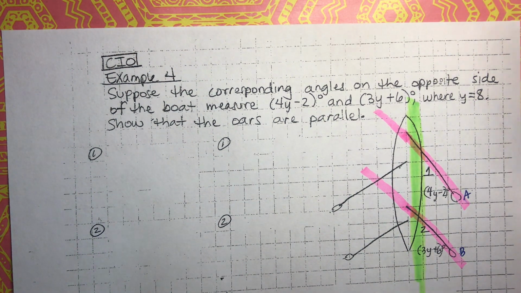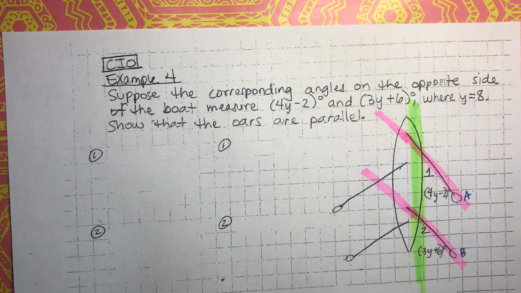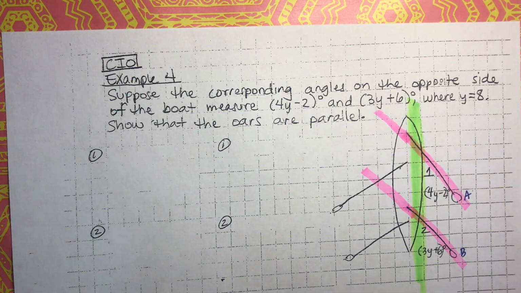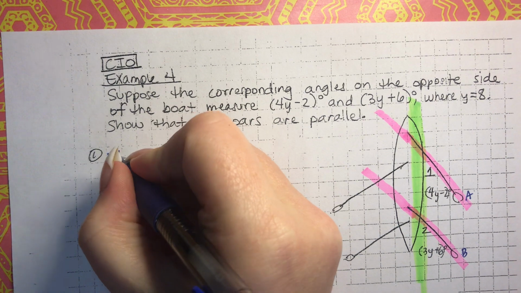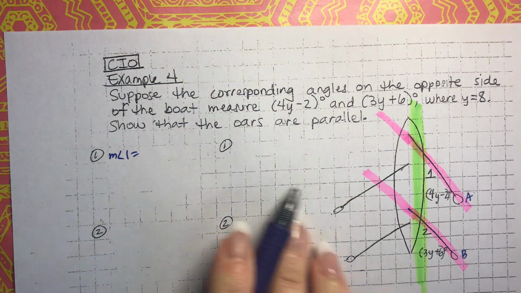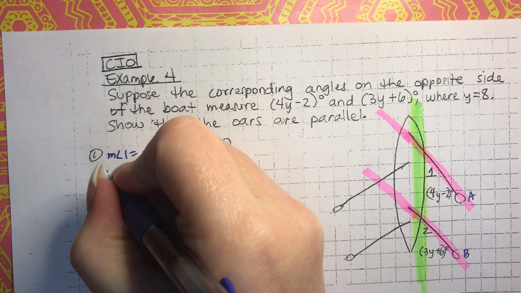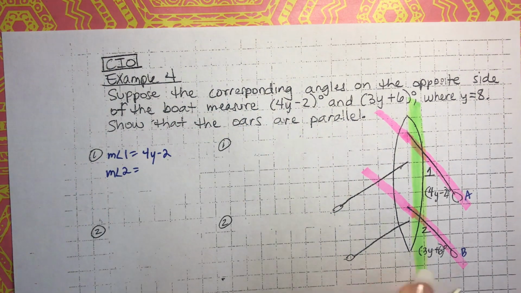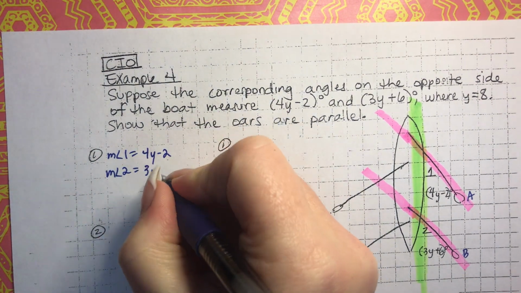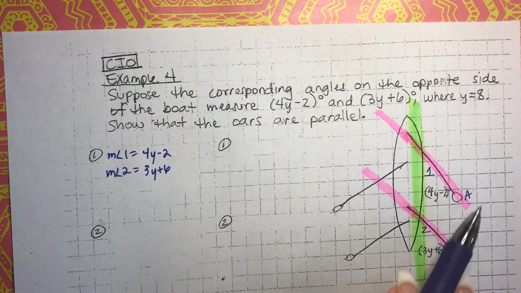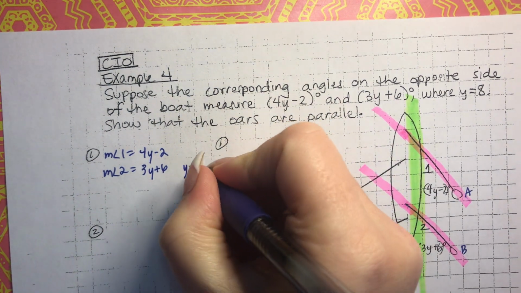So let's get started. The first thing we have to do is write down the given information. I'm just going to say the measure of angle 1 is equal to 4y minus 2. Measure of angle 2 is equal to 3y plus 6. They're telling us that y is equal to 8.